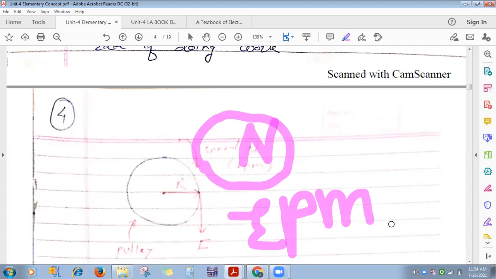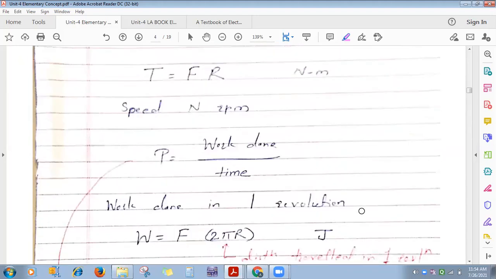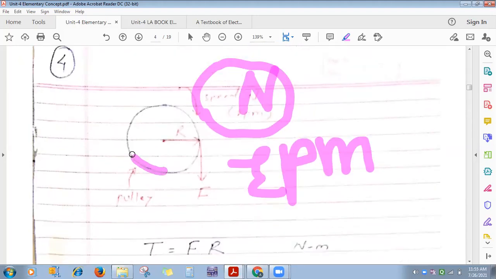In the specifications of a motor or generator, one of the parameters given is speed. So there they mention 1500 RPM is the speed. Means 1500 revolutions in 1 minute it is going to complete. Okay, that is the meaning. So consider this is a pulley, rotating at a speed so that it completes N revolutions in 1 minute.